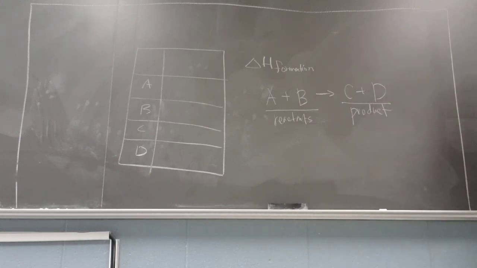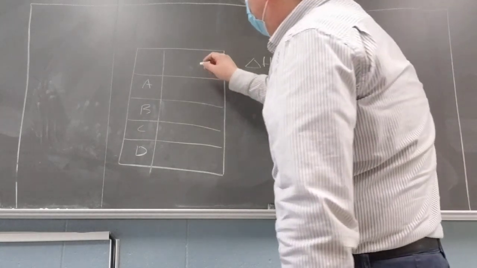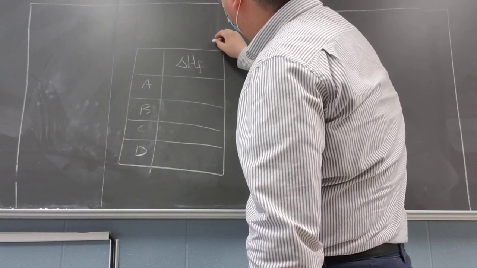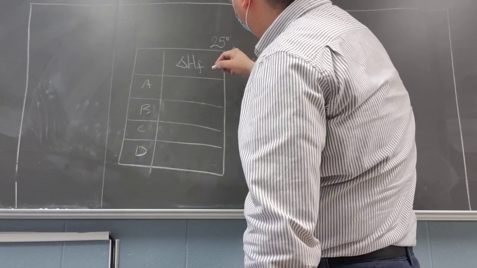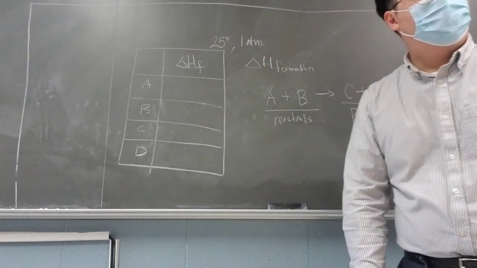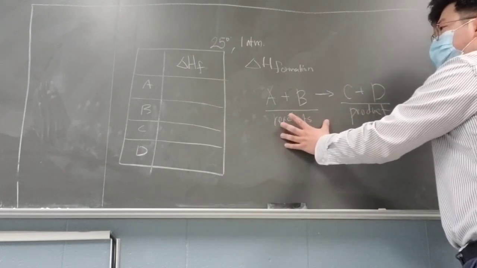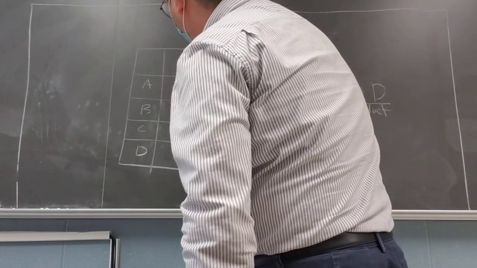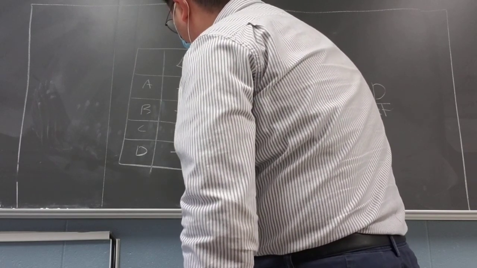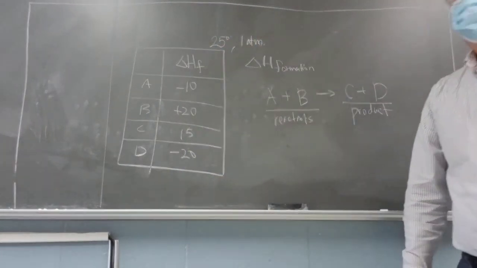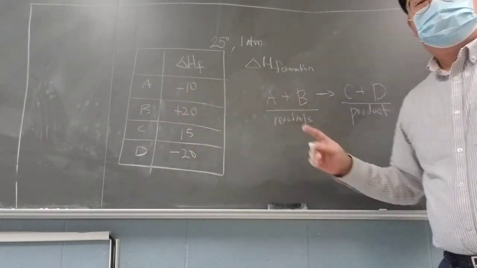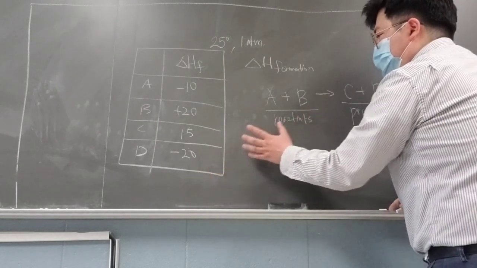Okay, and this is the enthalpy change of formation, which is measured at 25 degrees Celsius and 1 atm, which you can also see as a fixed pressure. Kind of makes sense. So here maybe we can say this is -10, plus 20, 15, -20. So you can do this one over here. I'll give you a specific example soon, but this is how we're going to do it in this format.